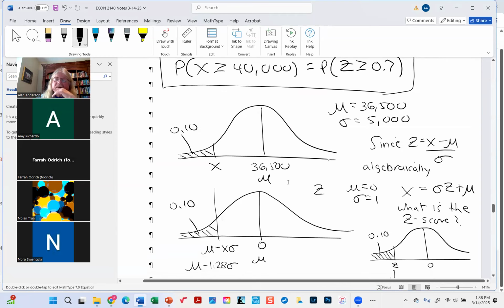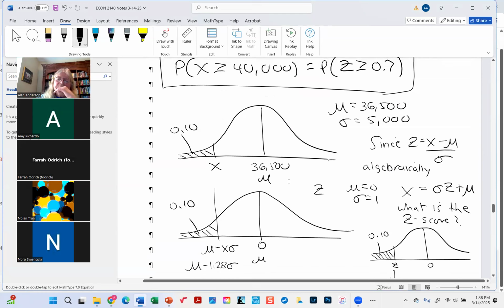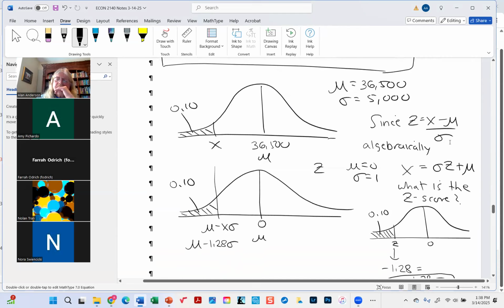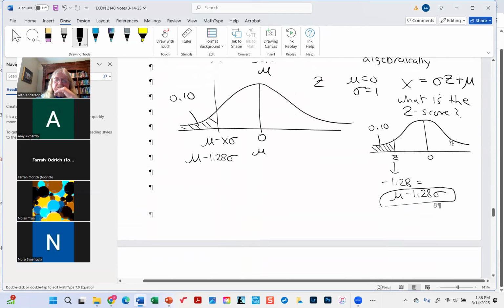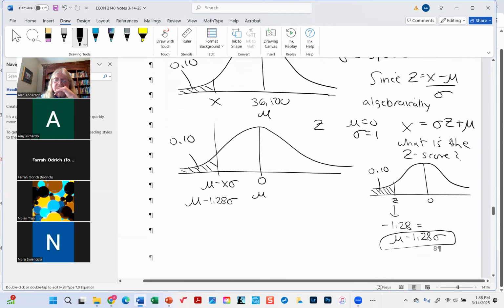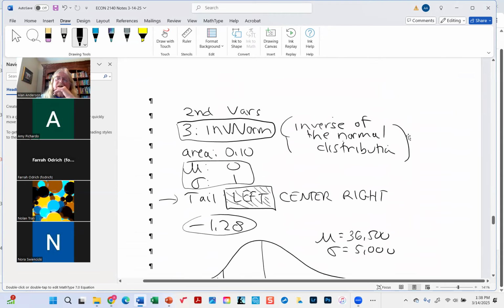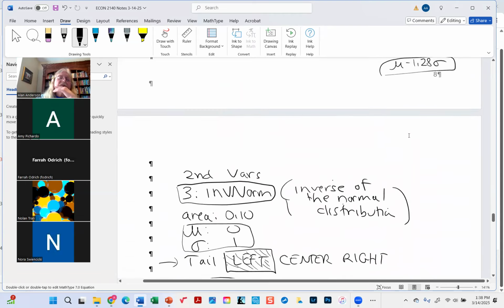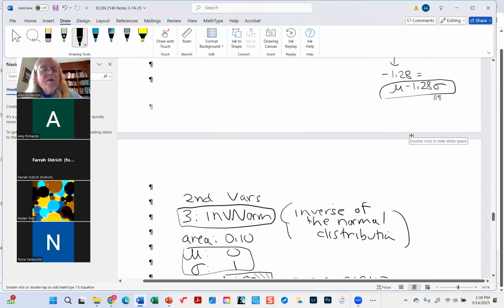Well, what we're going to do here then is a couple of things. We can take this z-score and, oh, you know what we need to do here? We need to use a brand new function to do this. Okay, so up to this point, we've been given areas under the curve and asked to calculate their probabilities.